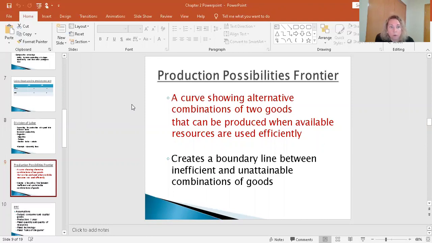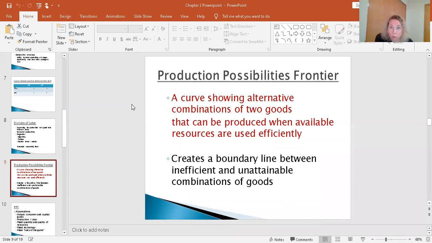All right. So the one big last tool that we haven't talked about yet is something called the production possibilities frontier. It's exactly what it sounds like. It is a curve that represents all of the production possibilities that an individual might have, that a firm might have, that an economy might have, using all of its resources.